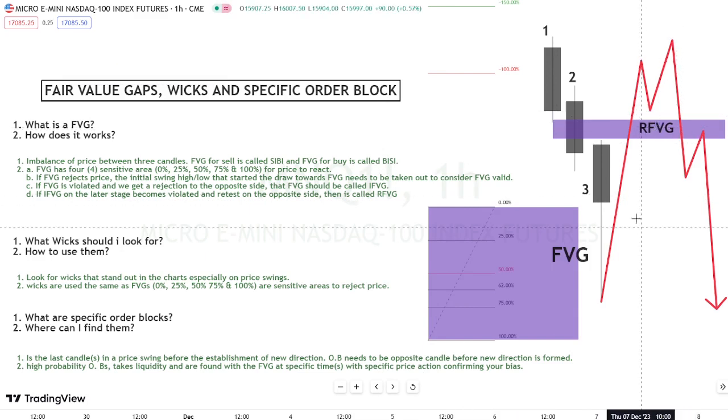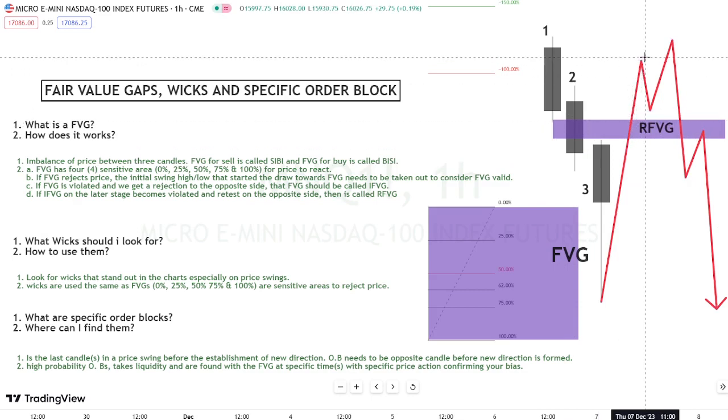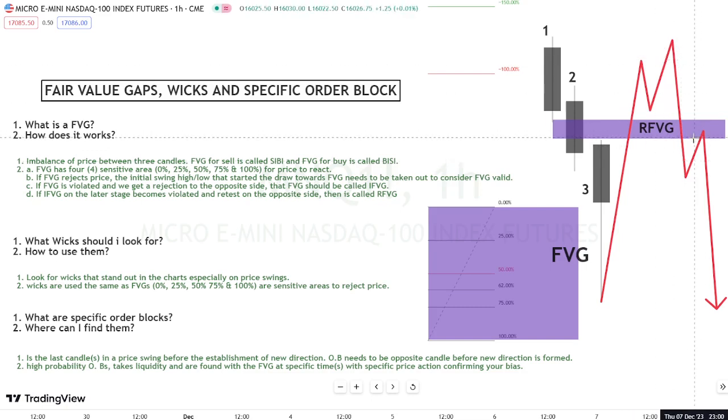What is a Reaper fair value gap? When the fair value gap was supposed to work, but instead it was violated initially. Then the price came back, and instead of making the invasion retest to move further up, what do we get?